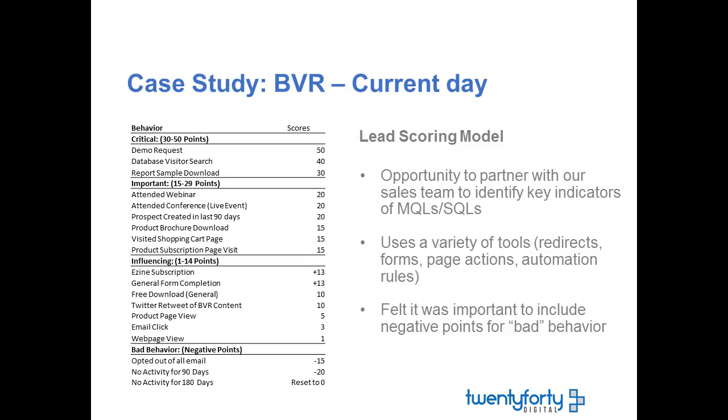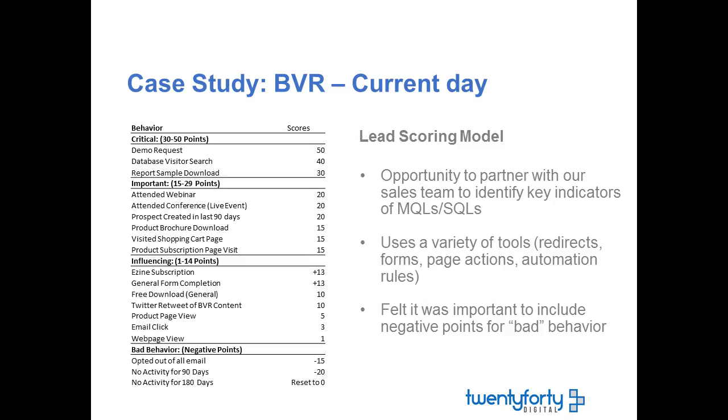And one last point on this model that was mentioned in a previous slide, but just to reinforce it, it is really important to have negative scoring. For us, the reason why we do that is primarily a timing thing. You can see at the bottom of the chart, we take off points if you opt out of an email.